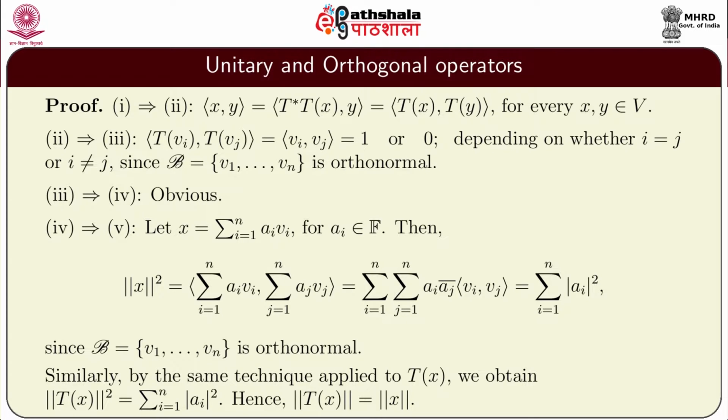Again, this is because the set B consisting of v1, v2, ..., vn is orthonormal. Therefore, all the inner products vi, vj become 0 if i is not equal to j, and the only ones that survive are the inner products vi, vi, but that is 1, and then we have ai, ai bar, and that gives rise to this mod of ai square.